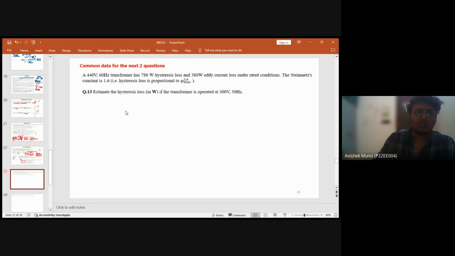So this is the first question, where we are given the hysteresis loss 780 watt, eddy current loss 380 watt, and Steinmetz constant is 1.6. We have to calculate the hysteresis loss when it is operating at 300 volt, 50 hertz.